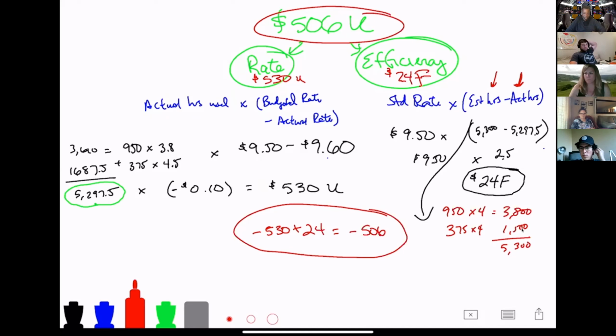Didn't it take them more hours because we were estimating it to only take 4 hours, but it took 4.5 for the tricycle, and then the bicycle was a little bit less, but overall, wasn't it more? Well, overall, it was less. Oh. Right, that's these numbers right here. We estimated 5,300, but in actuality, it took 5,297.5.